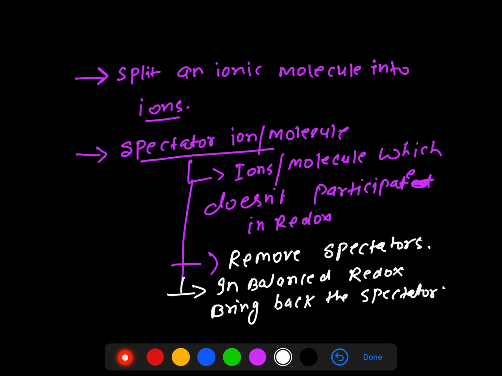How? We'll see that. How we are going to bring them back, this particular step we'll see while we are balancing. So we'll keep this in mind.